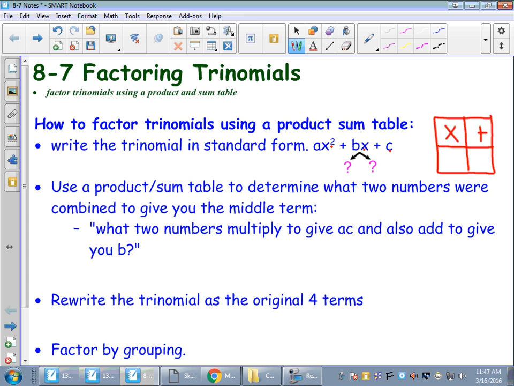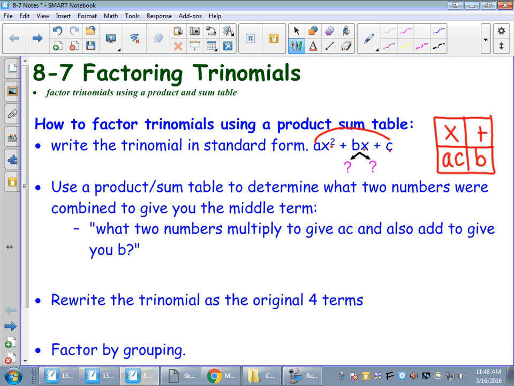So when you look for a product, you're looking for the product that takes into consideration A and C. That A value out in front will multiply, and it will affect how big C has to be. So we have to consider both. So you ask yourself what multiplies to give you AC and adds to give you B. The product is the first term coefficient times the last term.